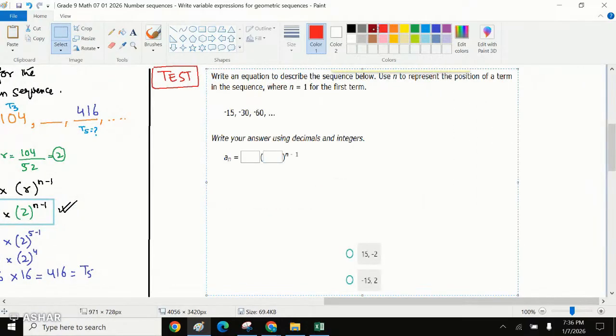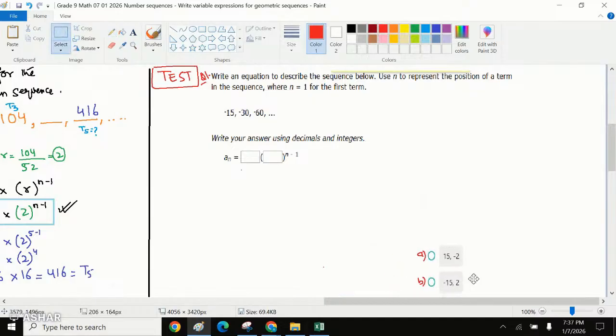What they're asking us is, in question number 1, we are given two options, A or B. Let's see which option is the correct answer. Basically they need the answer in this form.